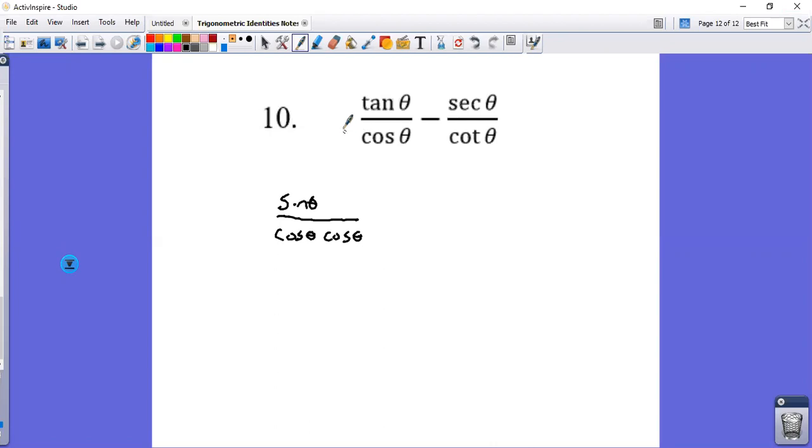Right, because cosine is cosine over 1, so flip it over. You put a 1 on the top if you want, minus secant is 1 over cosine. So this would be 1 over cosine. Cotangent is cosine over sine. It's in the denominator, so flip it over. That'd be sine over cosine.